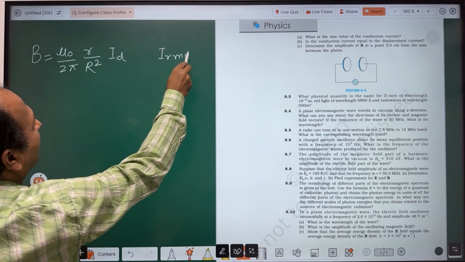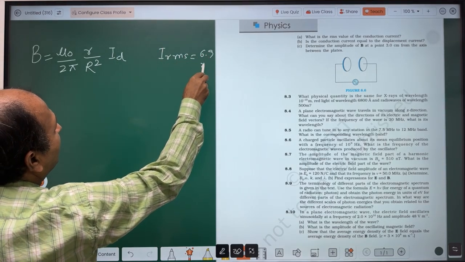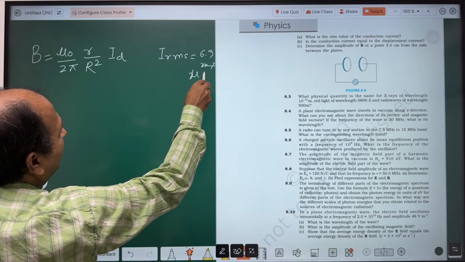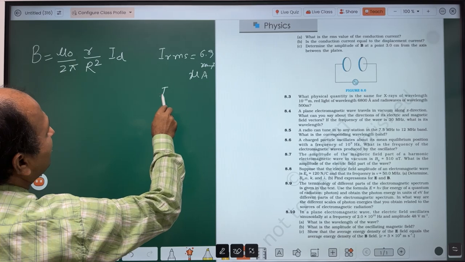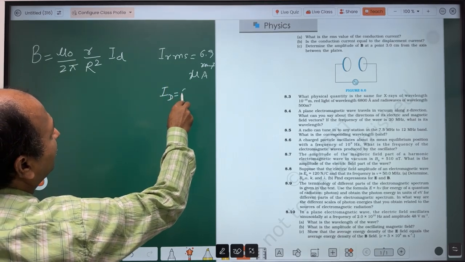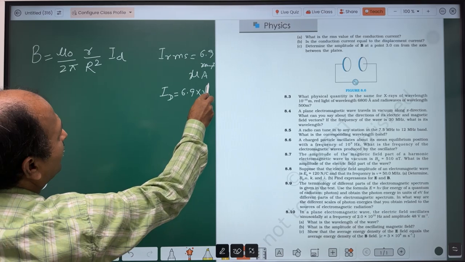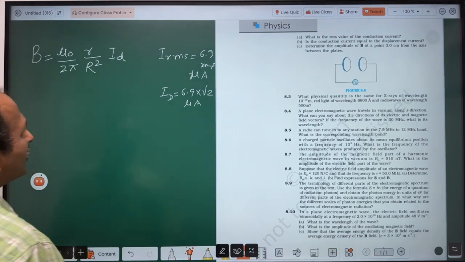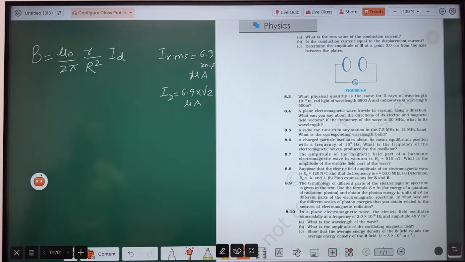IRMS we have got as 6.9 microampere. It was not milli, it was microampere. Suppose we find its maximum value, that will be ID, and that will be equal to 6.9 into root 2 microampere, right? So this value we can put here.